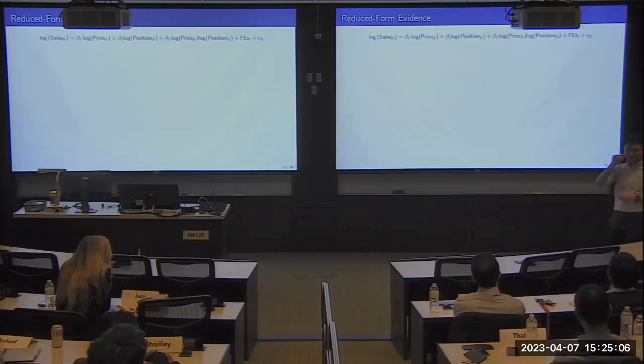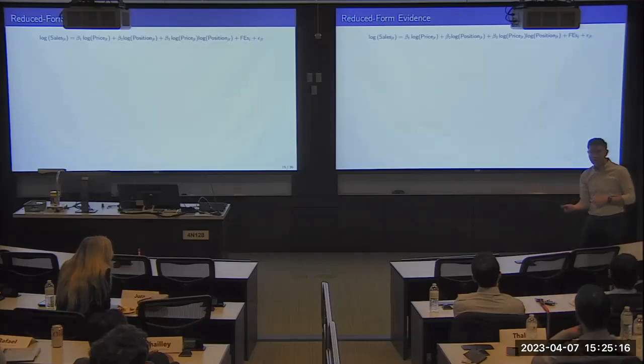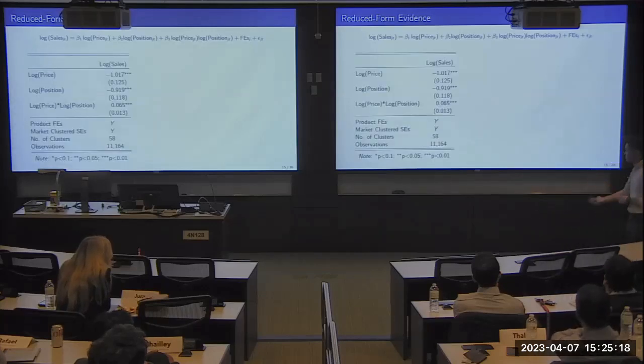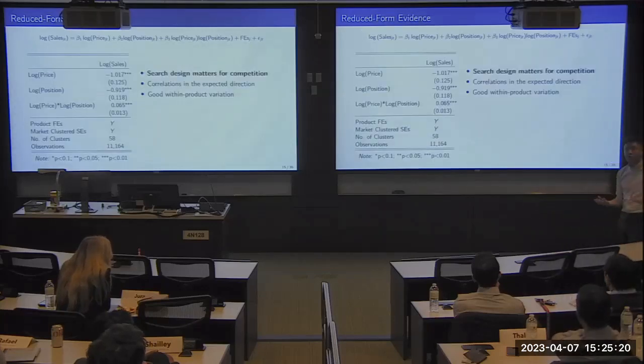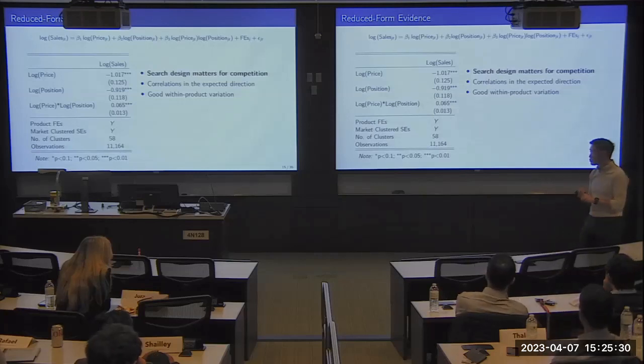So we're following a particular product, a particular SKU, across the 15 weeks. When its prices change and when its position in the search results changes, is there a correlated change in sales? The answer is yes, and in the correct direction that we would expect. And importantly, significant enough that we can pick up within-product variation. And this is important for estimating the actual structural model.